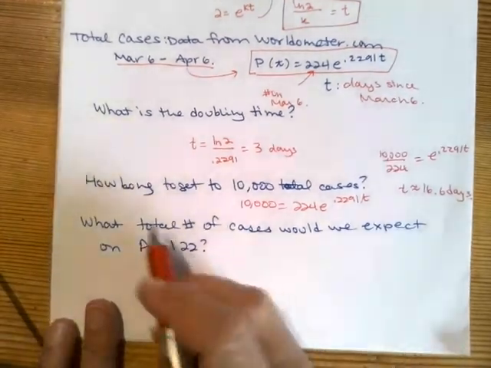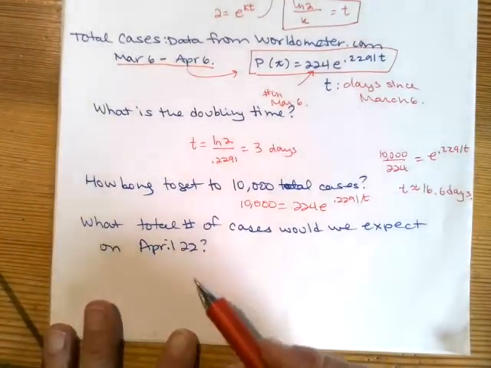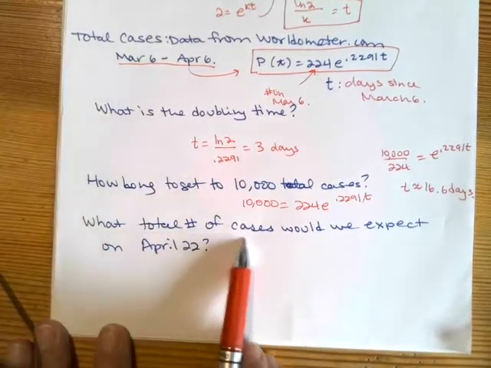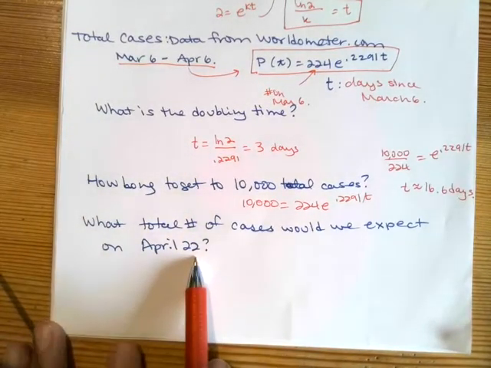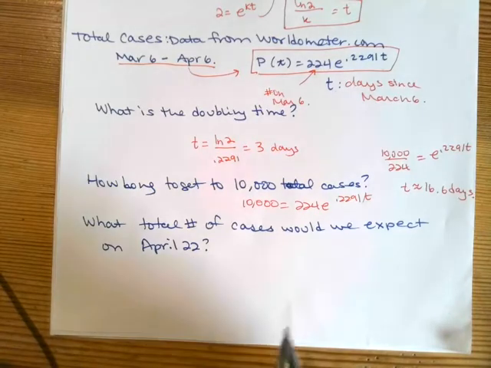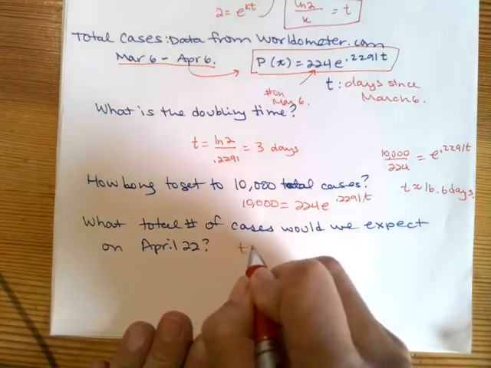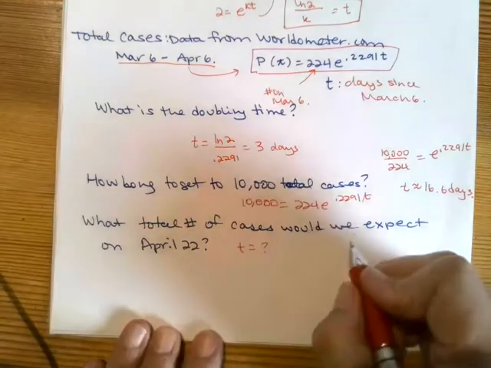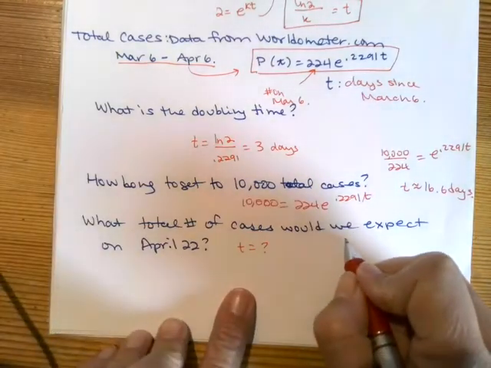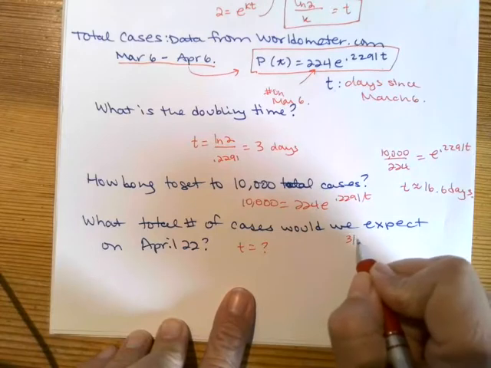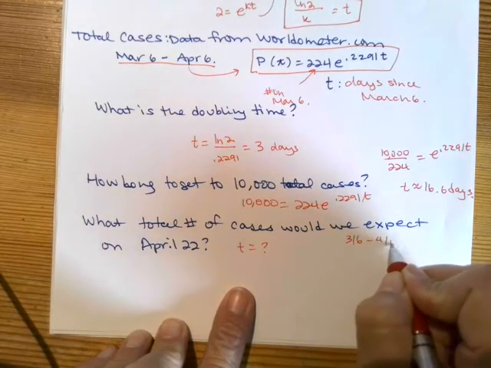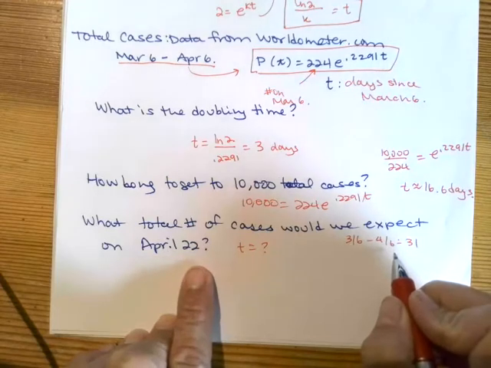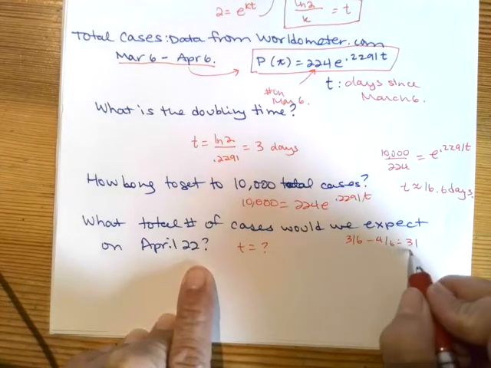Okay, and then if this model would have continued, and it didn't, again, good thing, what would the total number of cases we would expect on April 22nd? Right, so the first thing you need to do is figure out how many days is that since March 6th. So we've got March 6th to April 6th is 31, and then from the 6th to the 22nd is another 16.